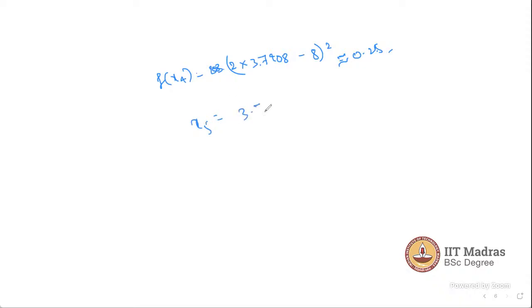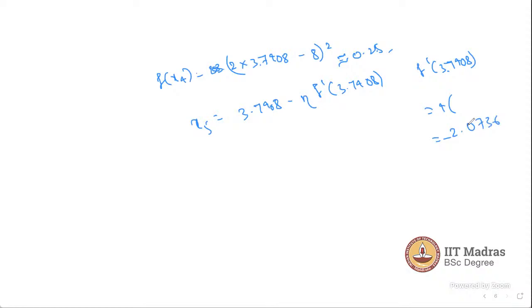x5 is again 3.7408 minus eta f dash of 3.7408. So now f dash of 3.7408 is equal to what? Can someone compute that? That is equal to 2.0736.